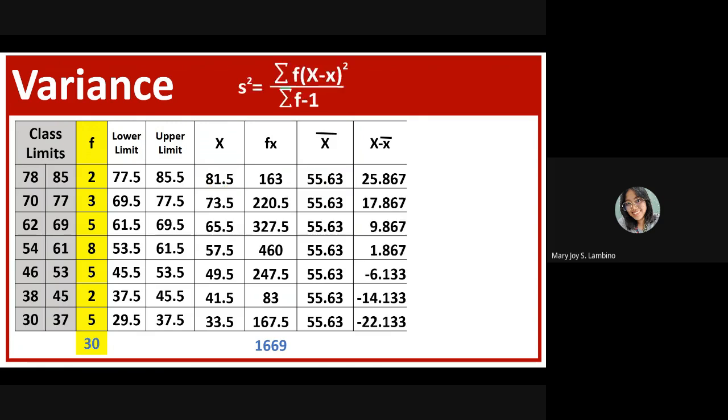And these are our answers: 17.867, 9.867, 1.867, negative 6.133, negative 14.133, negative 22.133. Because our variance is equal to S squared equals the summation of frequency times the midpoint minus the mean squared, divided by the summation of frequency minus 1.